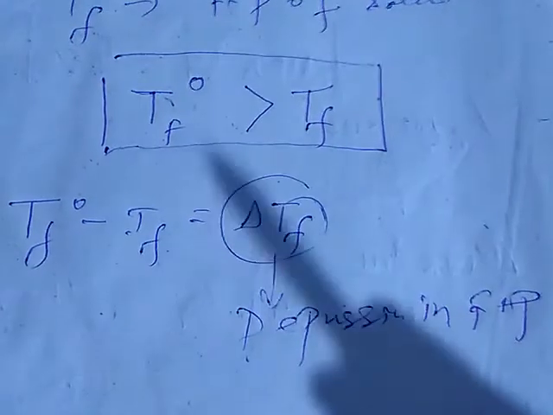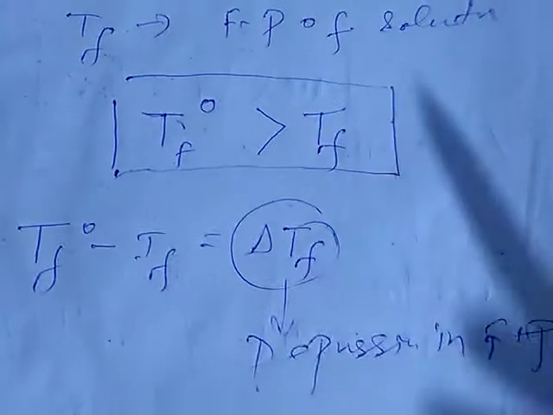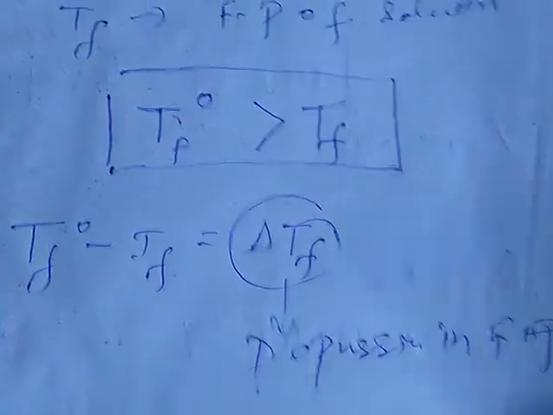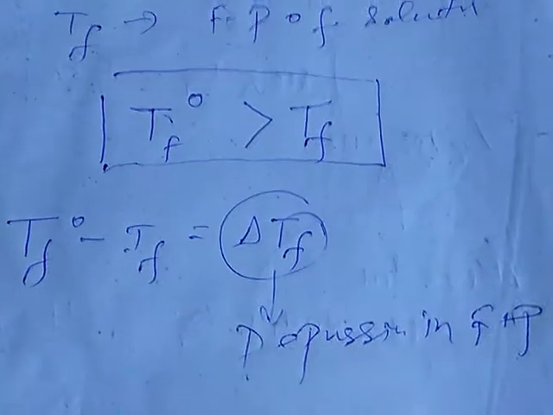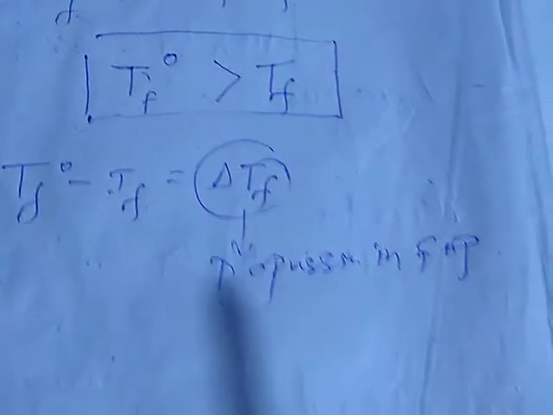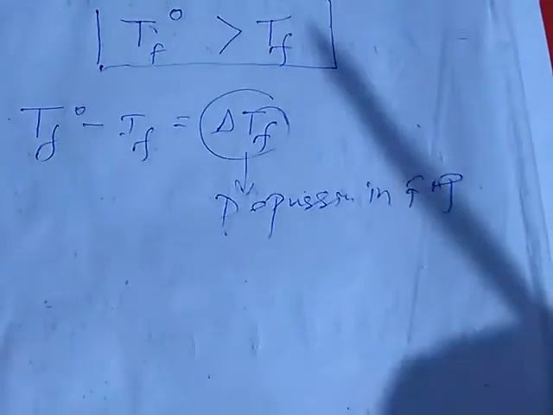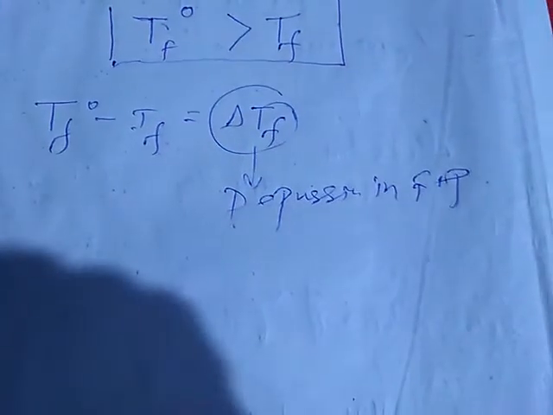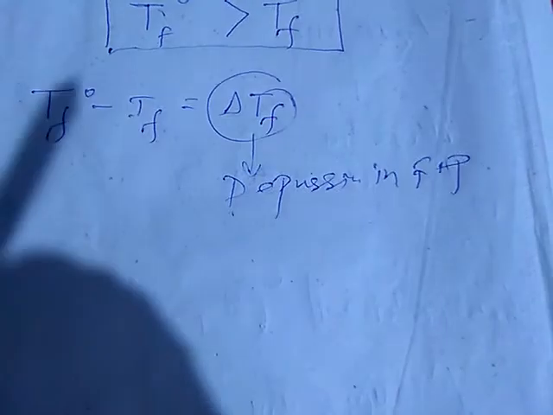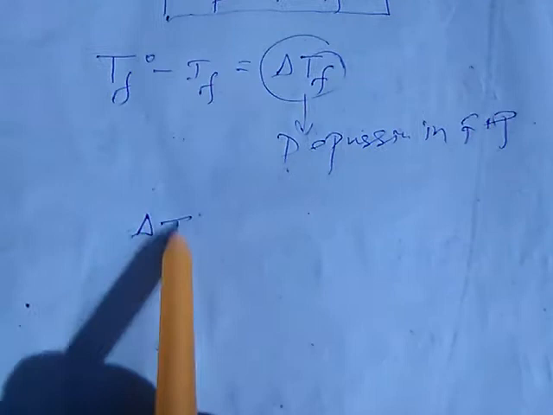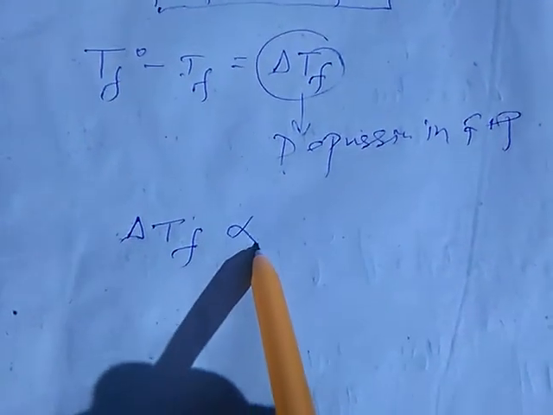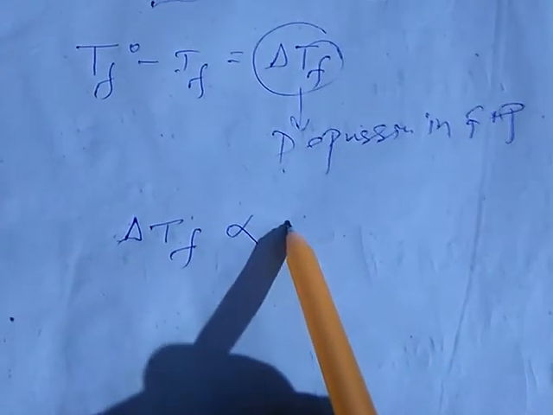This depression in freezing point is now being related with lowering in the vapor pressure, and in the same manner as we have discussed in elevation of boiling point, we will go through depression in freezing point also. So this delta Tf is directly proportional to what?